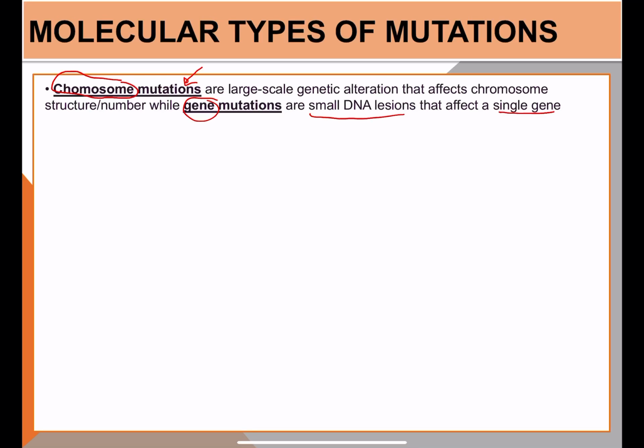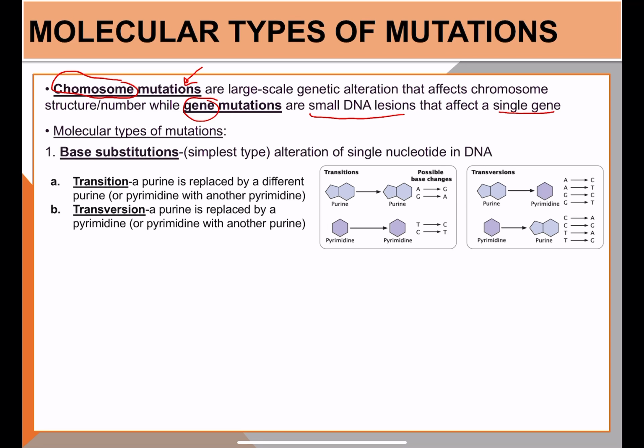And just like how we have talked about the different kinds of chromosome mutations organisms can have in chapter 6, remember all those inversions, translocations, tandem duplications. Now we will discuss the different kinds of gene mutation cells and organisms can have. So we will first classify gene mutations by their molecular basis.